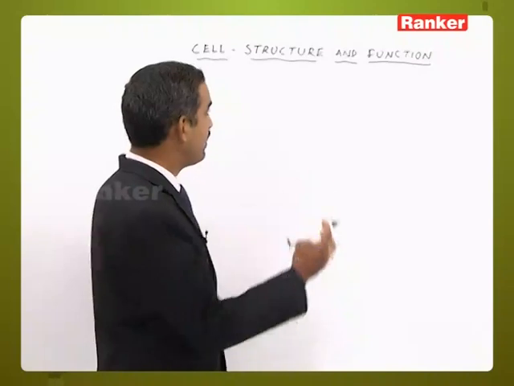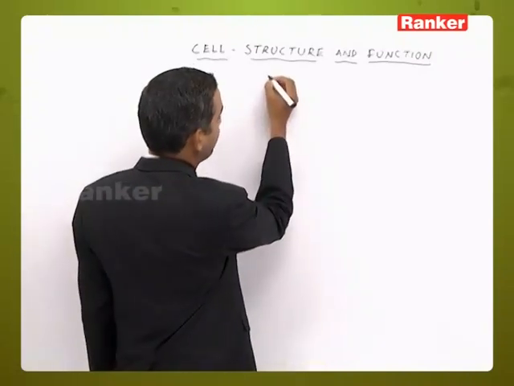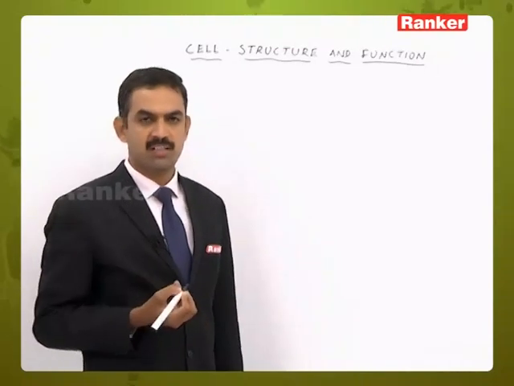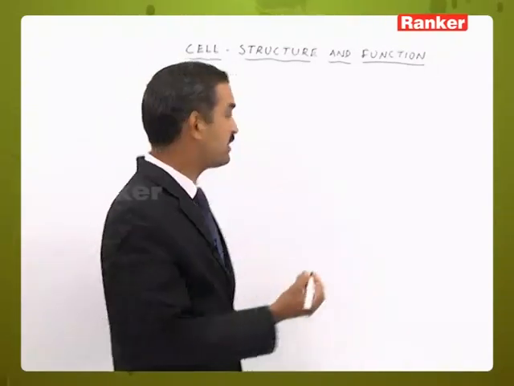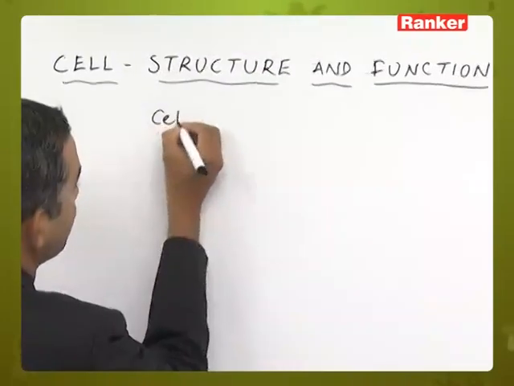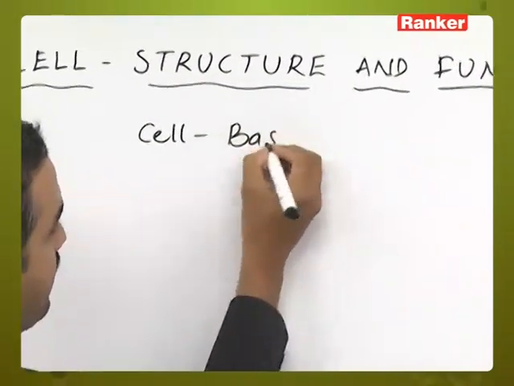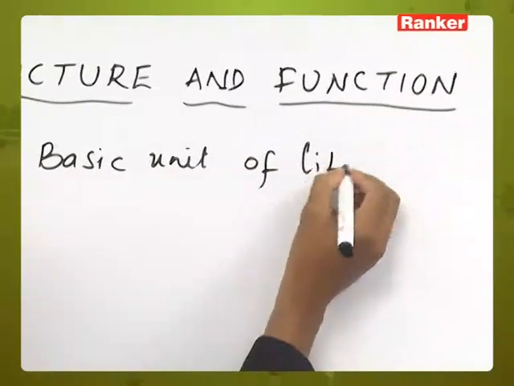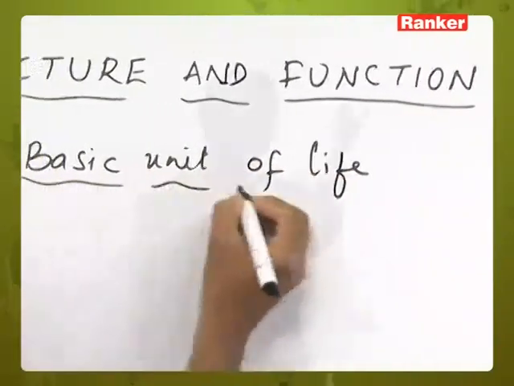So here we know that... let's come to the introduction, the basic unit of life. The cell is considered as the basic unit of life. Why is the cell called the basic unit of life?